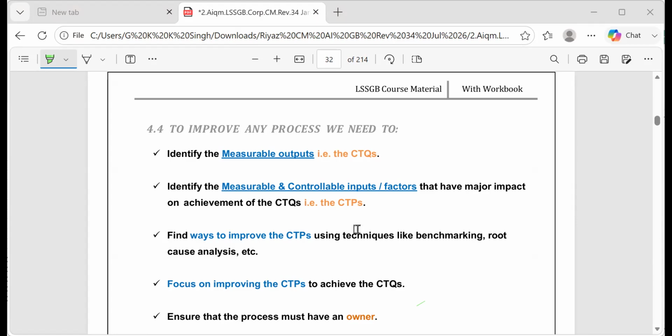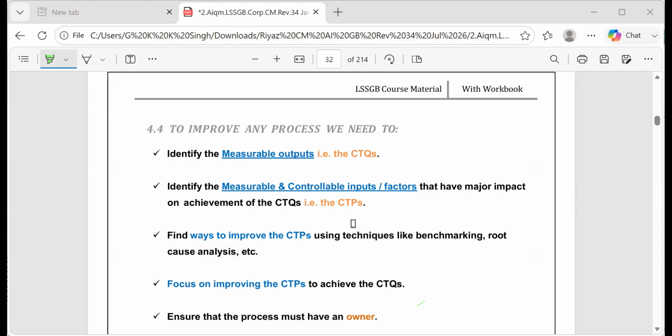Then find ways to improve the CTPs using techniques like benchmarking and root cause analysis, like I explained to you with the example of the student. Focus on improving the CTPs to achieve the CTQs. If you improve the CTPs, you will achieve the CTQs.